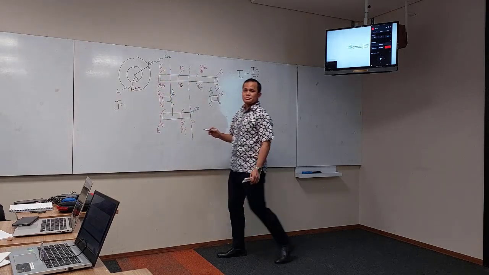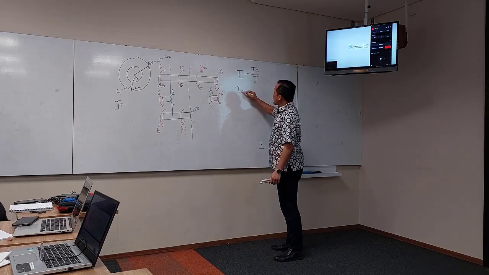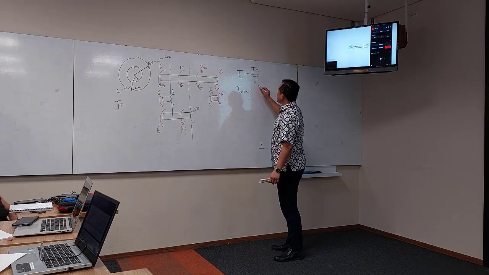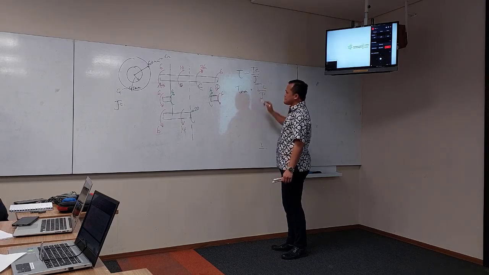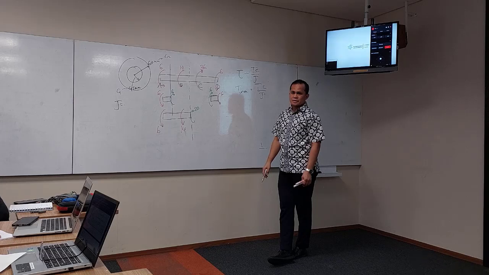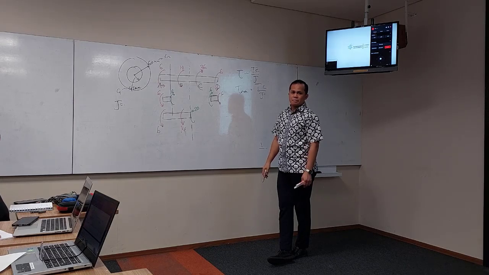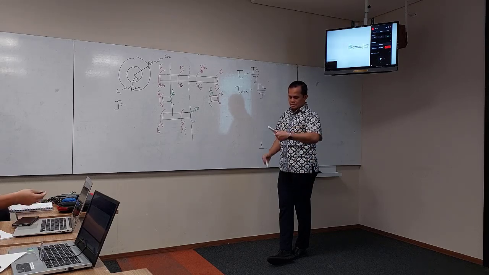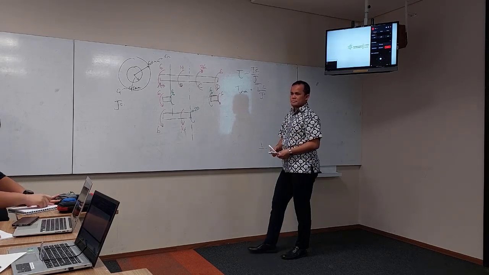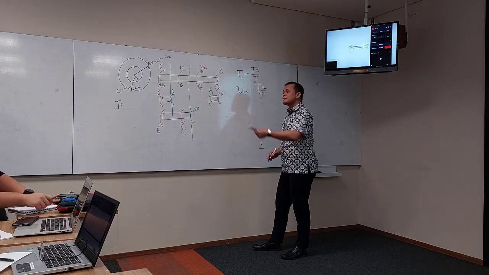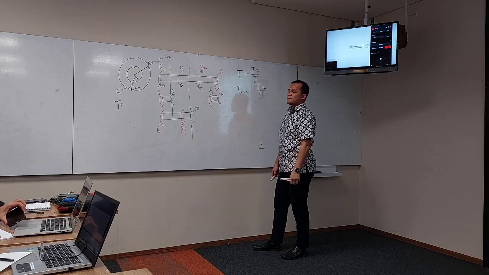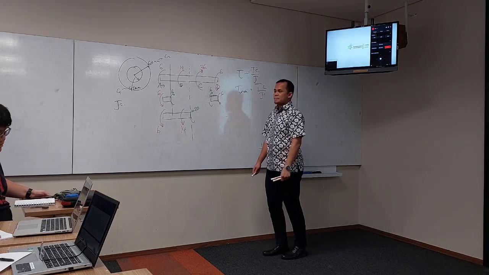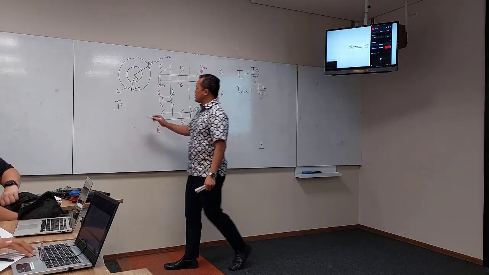What I would like to find is tau max is equal to TC over J. Calculate. Calculate yourself, so you get used to using the calculator.